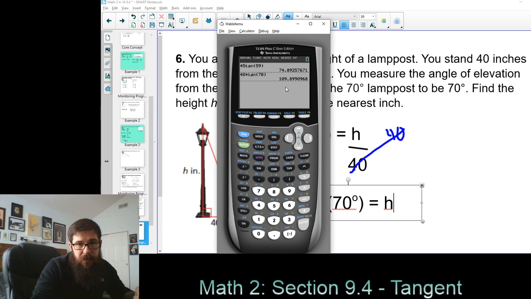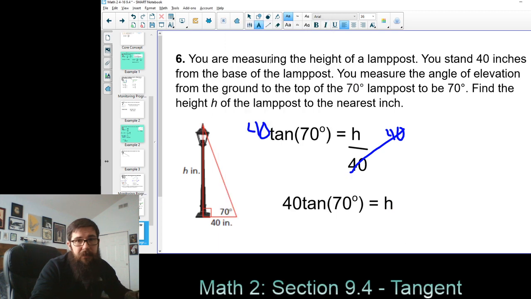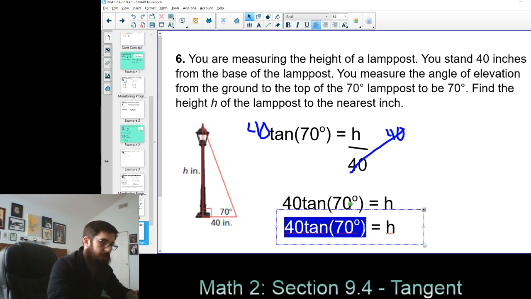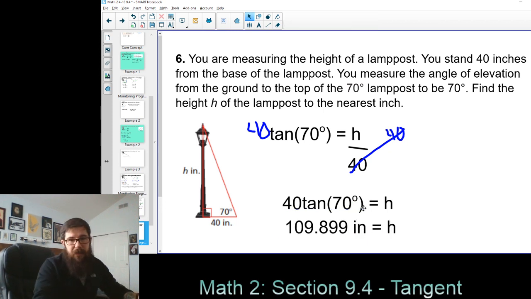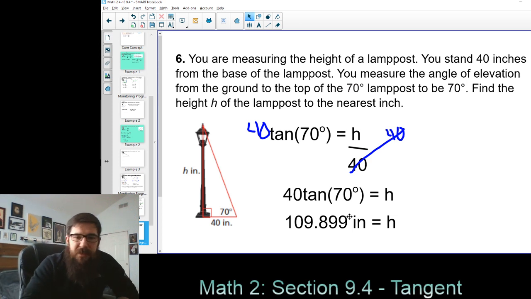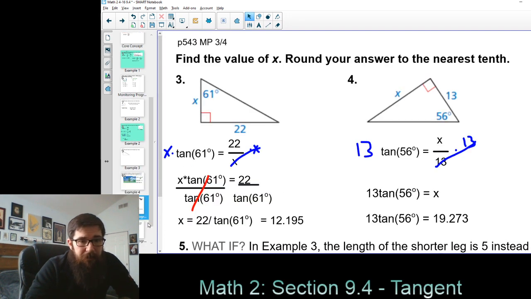How tall is it in inches? 109.899, and that 0 is going to stay right there. Great. So one more time, 109.899. I am going to put inches there in the final answer. I know it's probably something you haven't thought about for a while, but considering writing sentences for those sorts of things, that's what we're going to ask you to work your way through, okay?